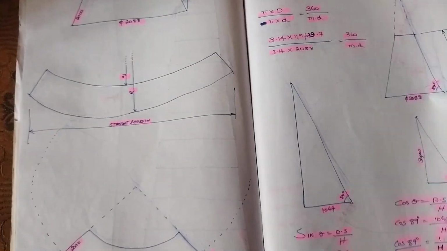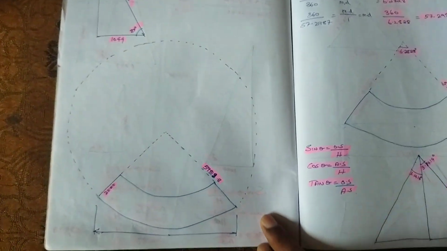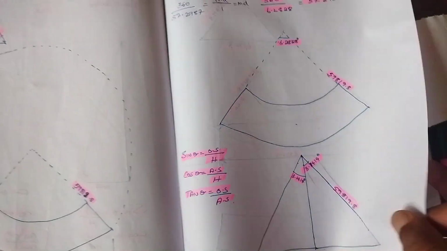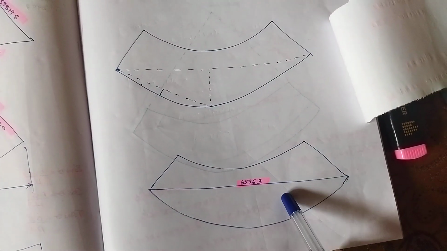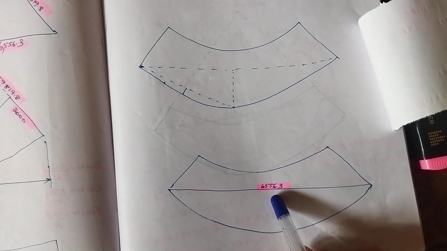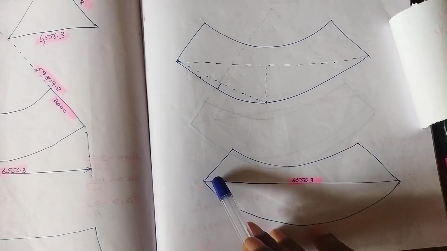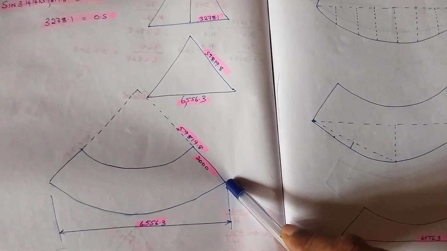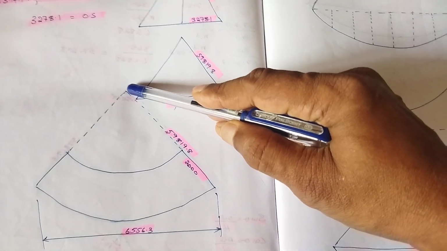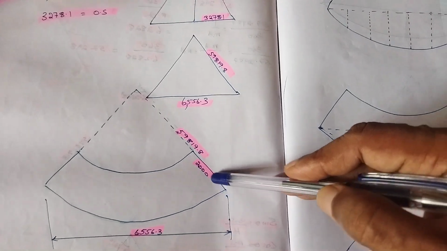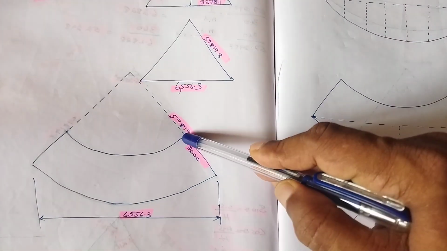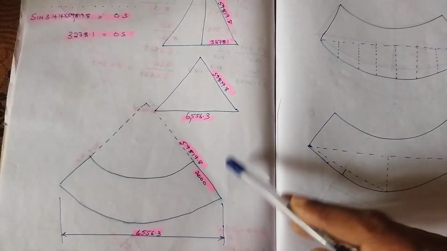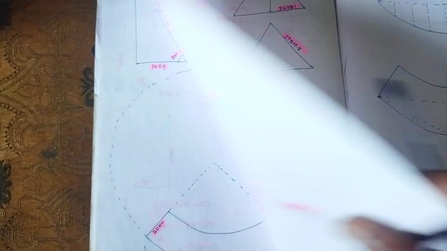We got all this, and finally we recognized its outside to outside length will be 6,556.3 from here to here, and its radius will be 59,008.19.8. We have to make this kind of 2,000 inclined length, so many cones, then we will reach the 30,000 length.